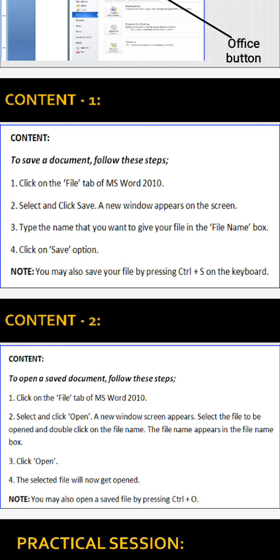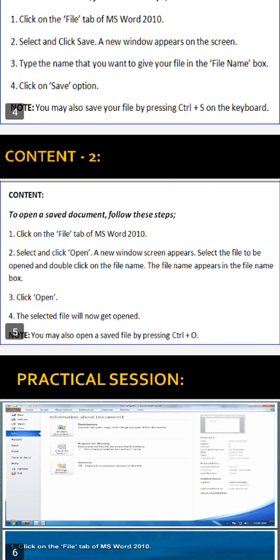Number 3, type the name that you want to give your file in the file name box. The fourth one, click on Save option. Note, you may also save your file by pressing Ctrl S on the keyboard. This is just the content. Once we get to the practical, you will see everything in pictures.